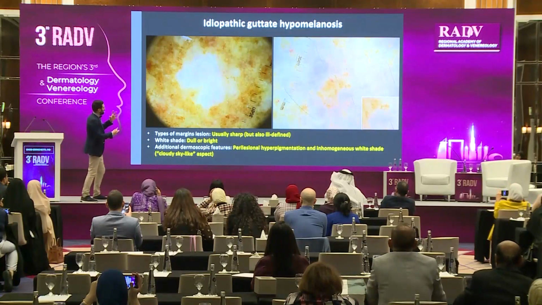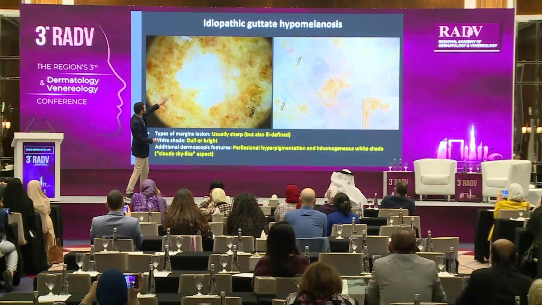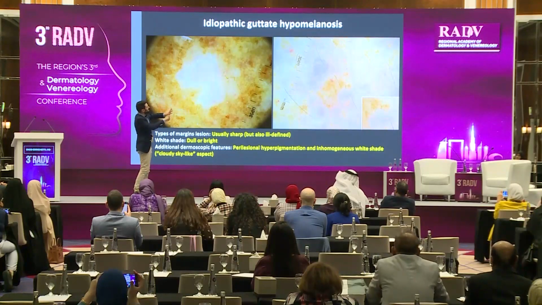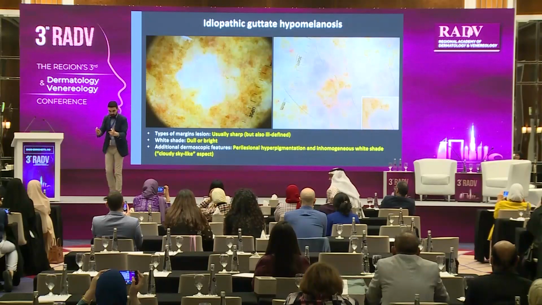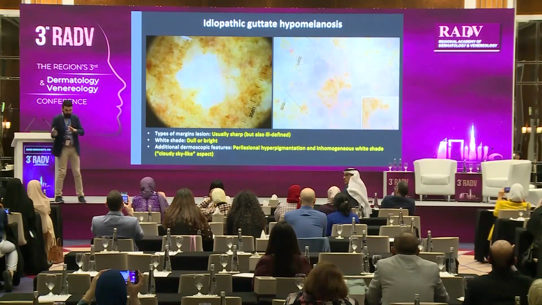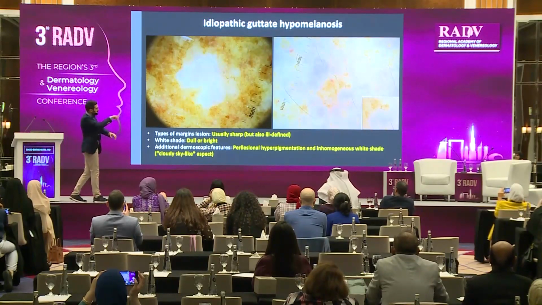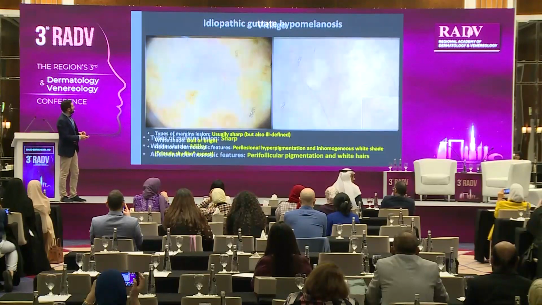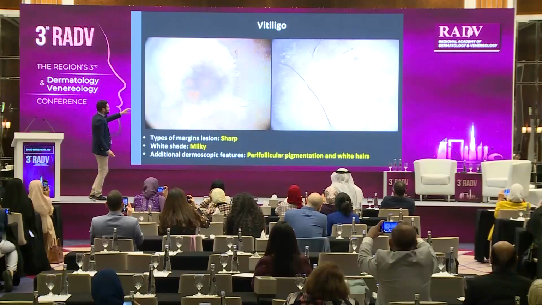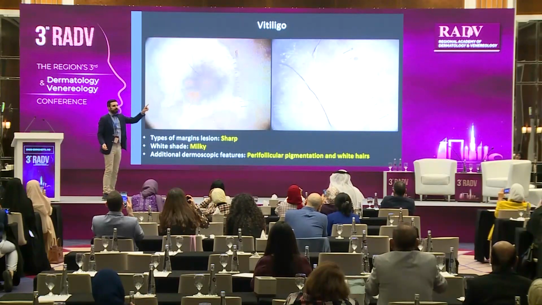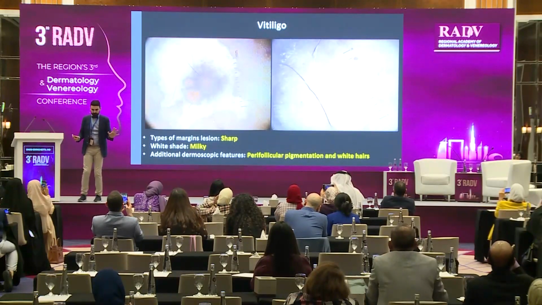And also this cloudy sky-like appearance, which is characterized by different shapes in the context of the lesion. Okay, these are the two clues. Cloudy sky-like appearance and the peripheral pigmentation. Then vitiligo, of course. The main clue are the presence of perifollicular pigmentation and white hairs, okay?